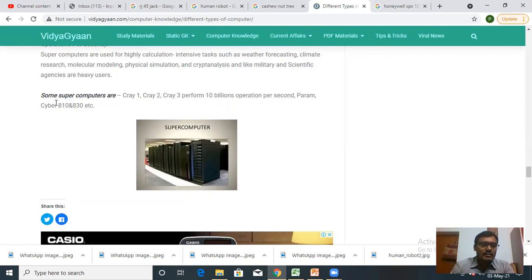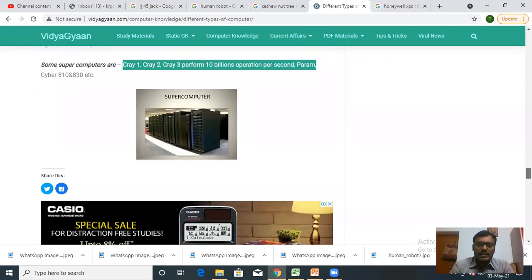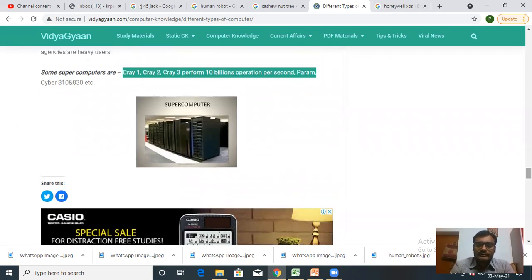Some of the examples of supercomputers are Cray 1, Cray 2, Cray 3, Param, Anurag, etc. Do you know Param is the first supercomputer of India? It is developed by an Indian organization, CDAC.